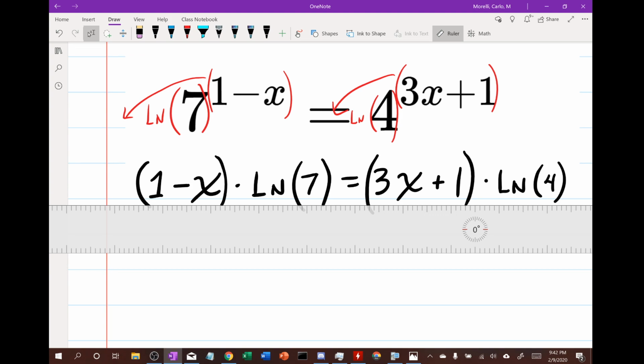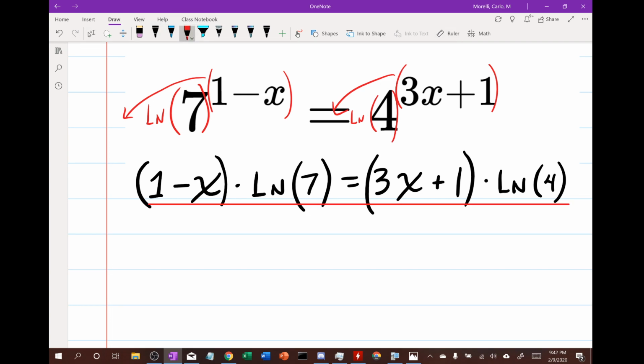Because what we're going to do is divide this entire equation by the ln of 7 times 3x plus 1.